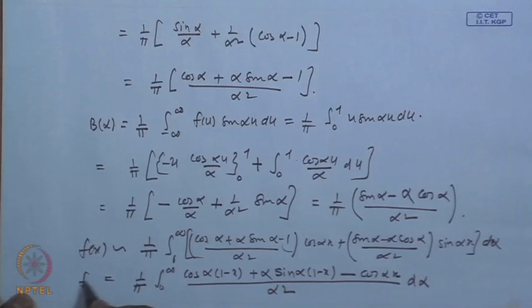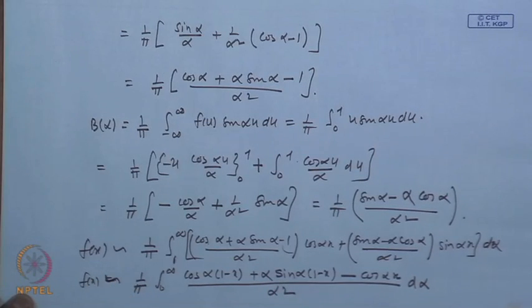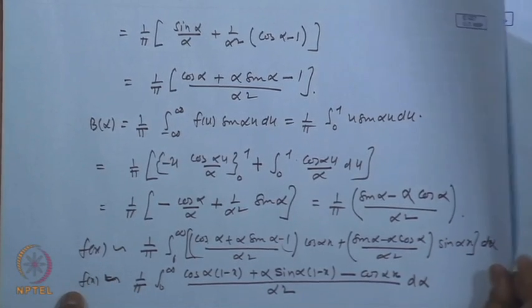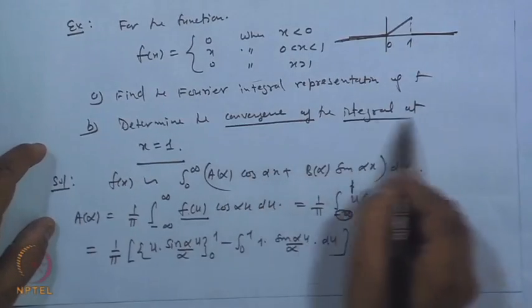Well, so this is the Fourier integral representation of the given function, and now the question was to determine the convergence of the integral at x equal to 1.